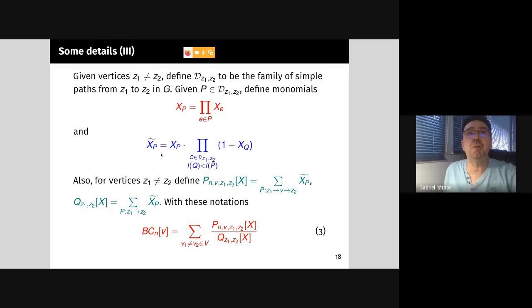So this variable x p tilde is 1 if p is the shortest path between its endpoints and 0 otherwise. Then I can encode betweenness centrality by encoding all the sums of x p tildes into the appropriate polynomials. So it's quite easy to see that betweenness centrality is a rational function like that.